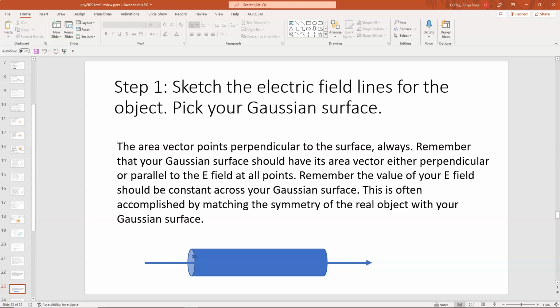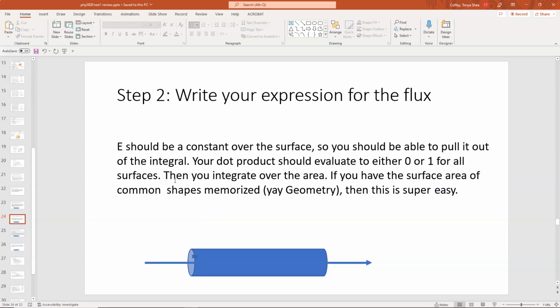This means that you have to have an intuitive understanding of what the electric field lines are going to look like for different charge distributions. You just have to know the way they point, though. You don't have to know the magnitudes. Once you've chosen your Gaussian surface, the electric field should be constant over that surface. And so in your integral of E dot dA, you should be able to pull the electric field out of the integral because it's constant over the surface.